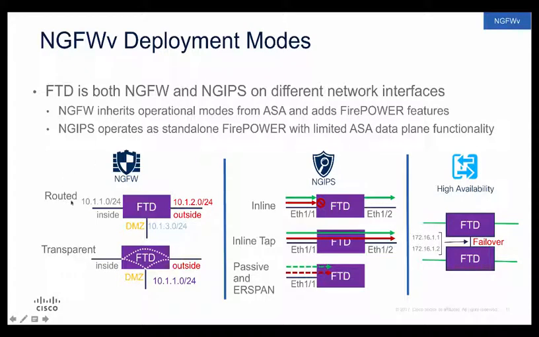It could be either in the transparent mode or in the router mode, and then once you register it, then you can use one of these next generation IPS modes.